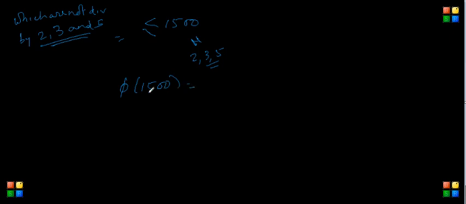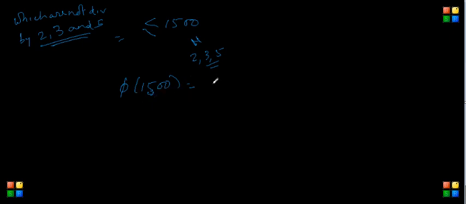Why? Because phi of 1500 is the number of coprimes less than equal to 1500 and coprime to 1500. So all those numbers which will not be divisible by the prime factors of 1500 will be the numbers in contention. So that's why I will take phi of 1500.